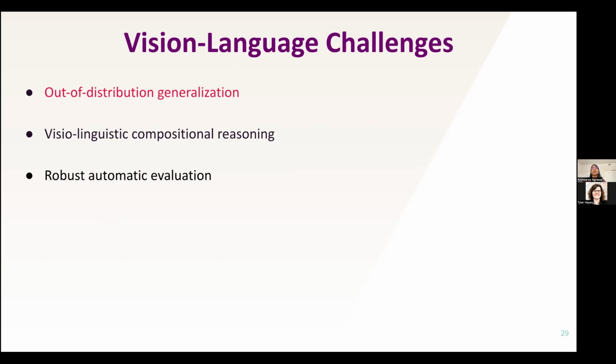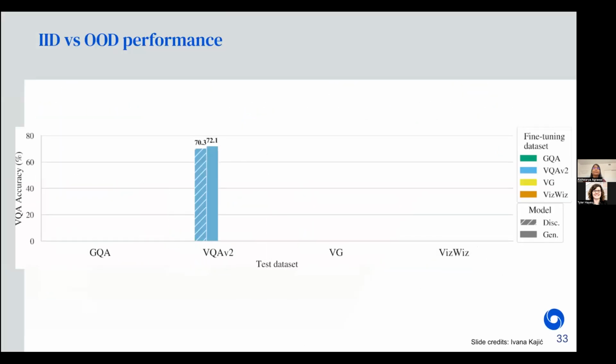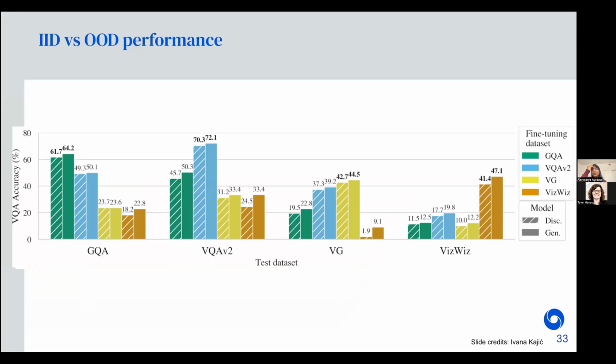So when I say out of distribution generalization, what I'm saying is when you fine tune these vision and language models on one data set, they are not very good at generalizing to another data set of the same task. So I'll briefly highlight this paper of ours that was published at EACL findings this year. Here we took ViLBERT and ALBEF, those were the state-of-the-art models at that time, and we fine-tuned them on one VQA data set at a time and evaluated them on a different VQA data set.